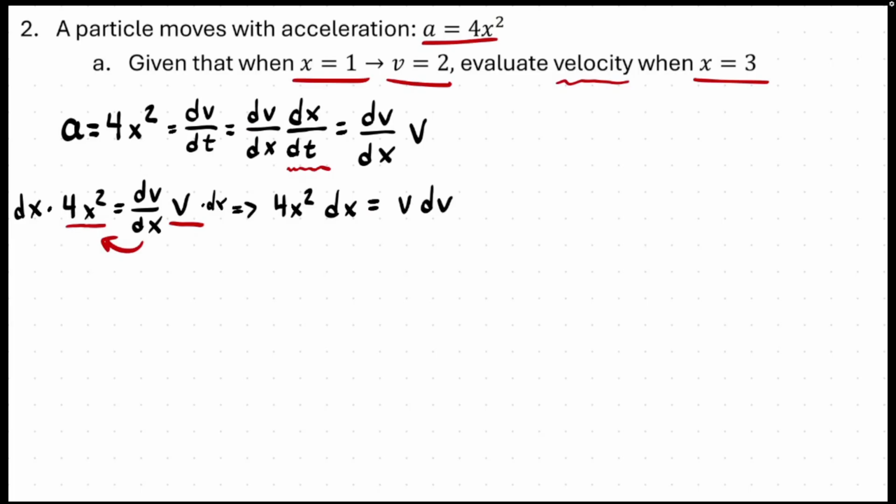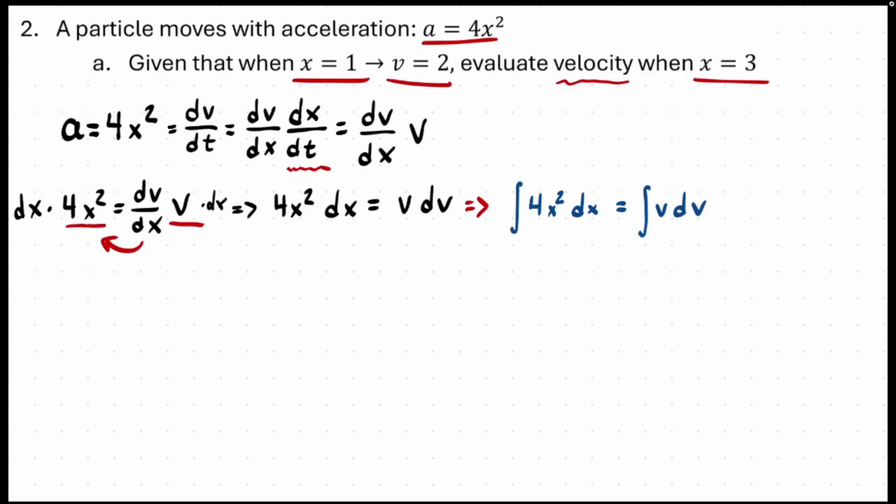So this looks very promising now. We have a function in terms of x next to a dx, and a variable in terms of v and a dv. At this point, we're going to start integrating, right? So let's do that over here. I'll put this in blue. We're going to have the integral of 4x squared dx is equal to the integral of v dv.